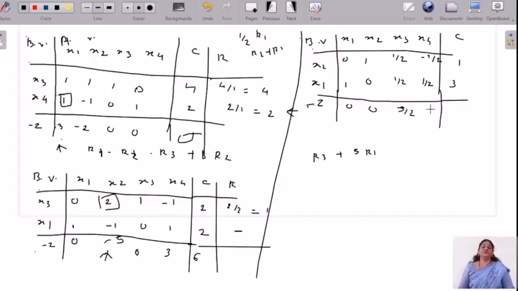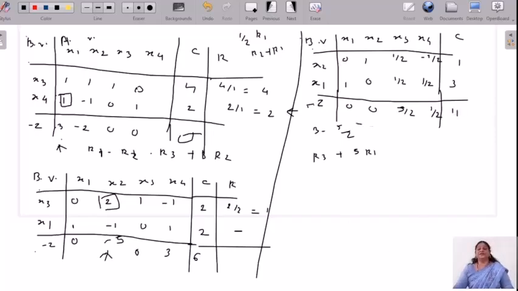Then 3 minus 5 by 2, 6 minus 5 means 1 by 2. Then our constant is 6 here. R3 plus 5 times means 6 plus 5 is 11.